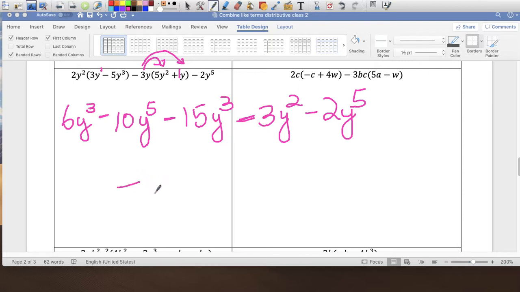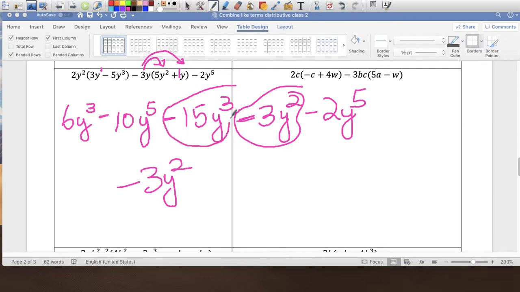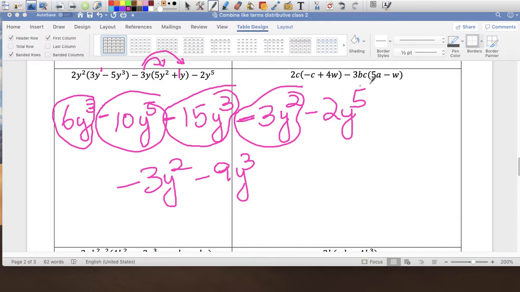So it's negative 3y squared. That has nothing to do with anyone because it's the only one with a y squared. Then we can do the cubes, right? So it's this guy and this guy. If you think about it, it's going to be negative 15y cubed plus 6y. There's more negatives, so the answer is going to be negative 9y cubed. And this with this, they're both negative, so it's negative 10y minus 2y.